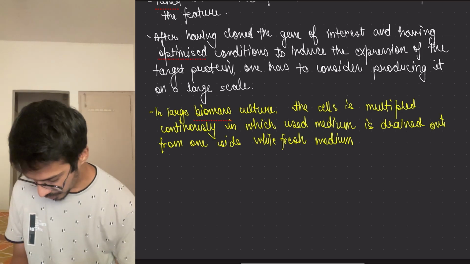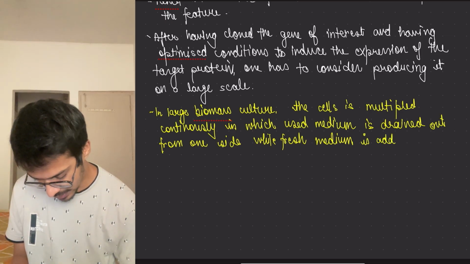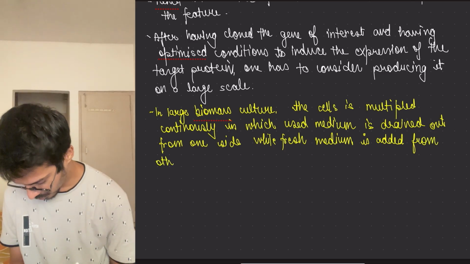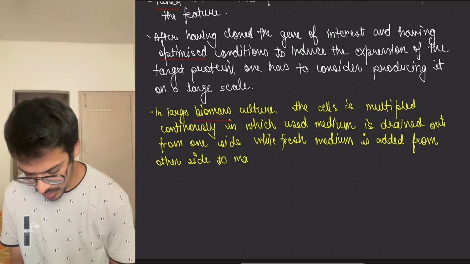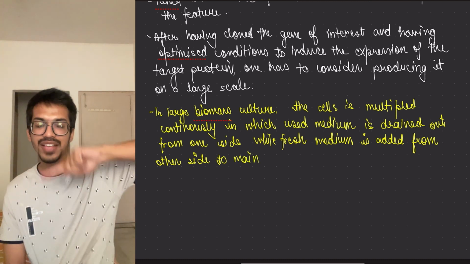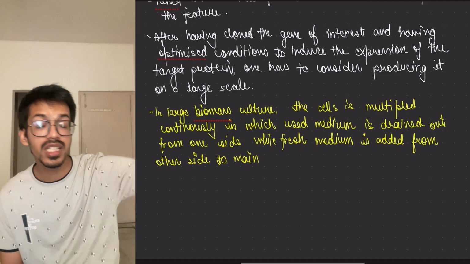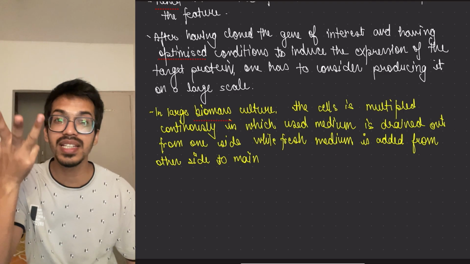is added from the other side to maintain, because you know that they have to be continuously in the log phase of growth, the exponential phase. They need the basic necessities: food, resources, shelter.